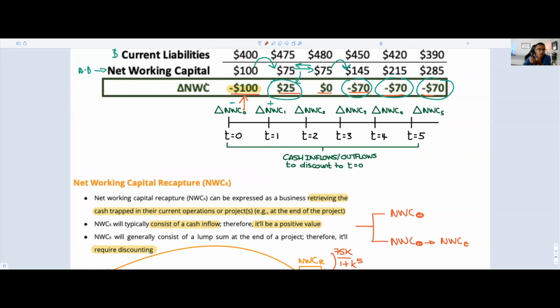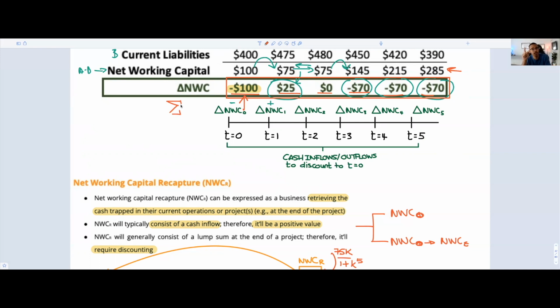And you're also not just going to recapture the $285 that you're going to get at the end. What you're going to recapture is pretty interesting: you're going to recapture the sum of all of those. So if you add up all of your individual change in net working capital, you'll be able to retrieve that amount. So it's going to be the sum of all those individual change in NWCs that you found.